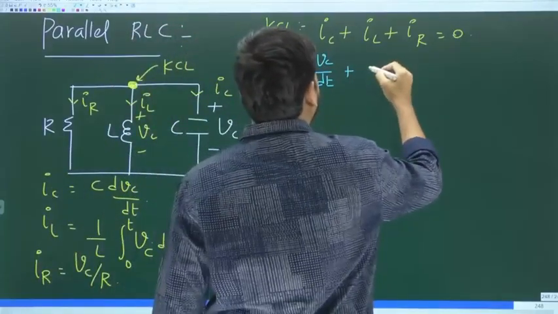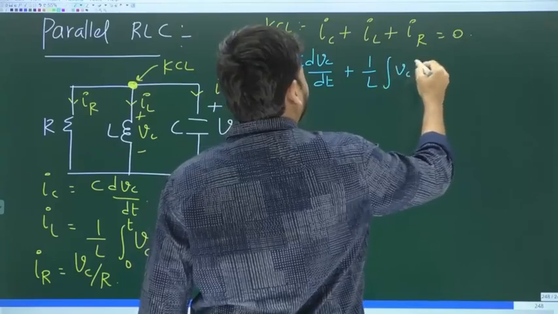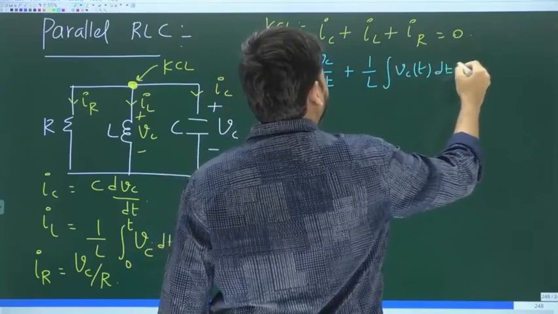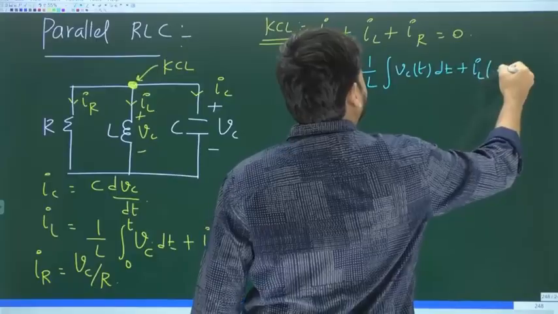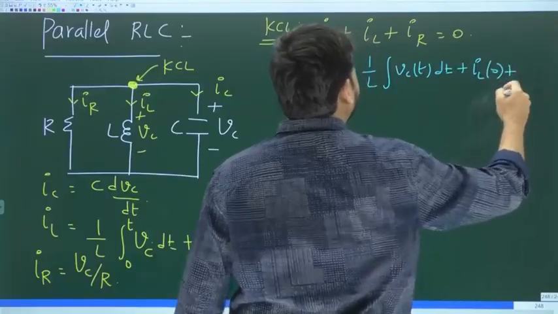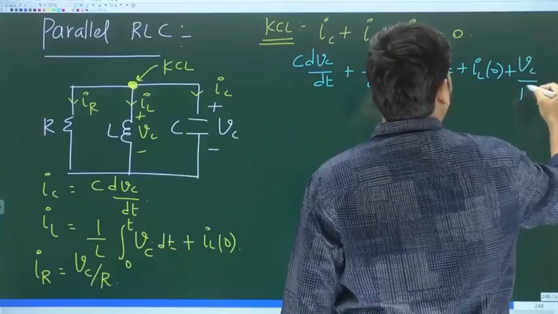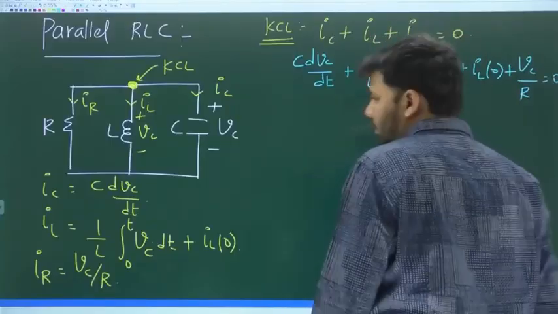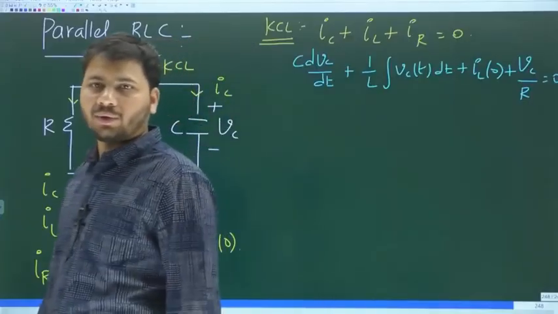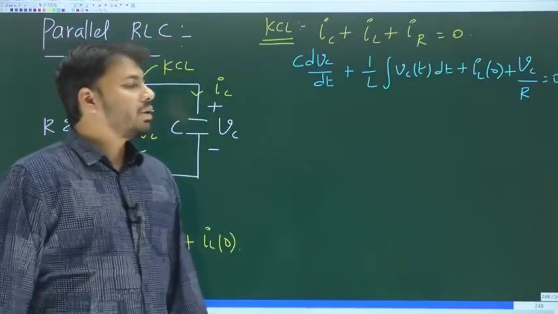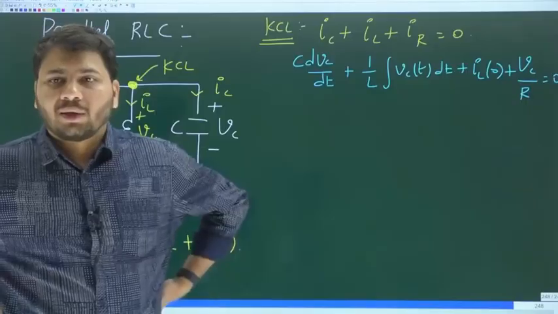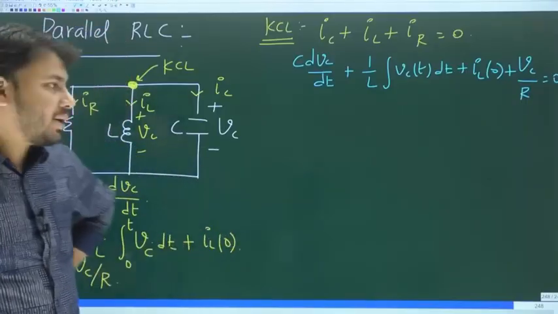IL is 1 by L integral Vc of t dt plus IL of 0. IR is Vc by R, and this sum is equal to 0. You understood? So this is the differential equation governing this parallel RLC circuit.